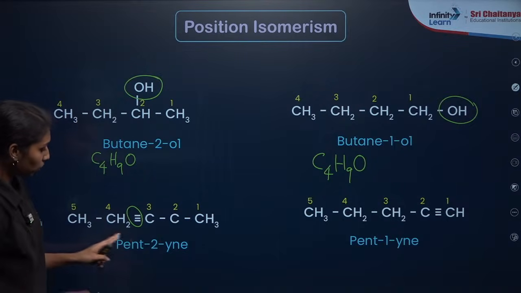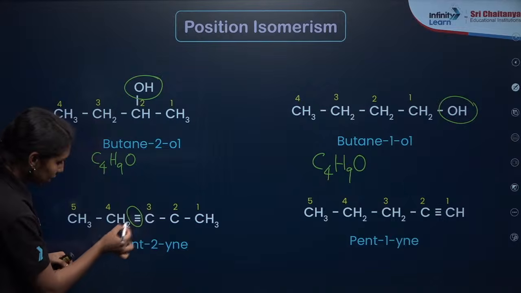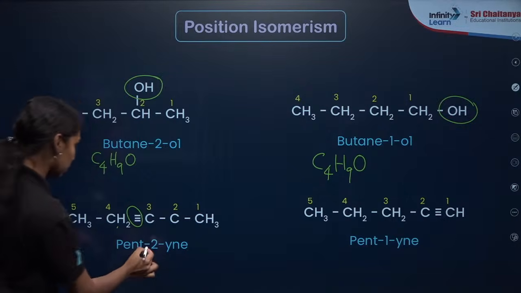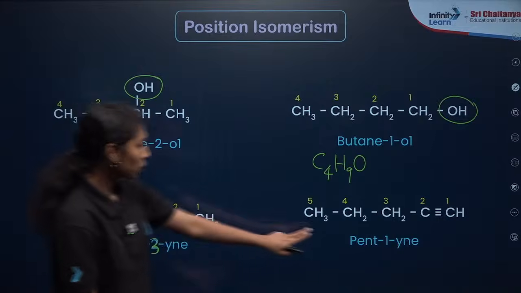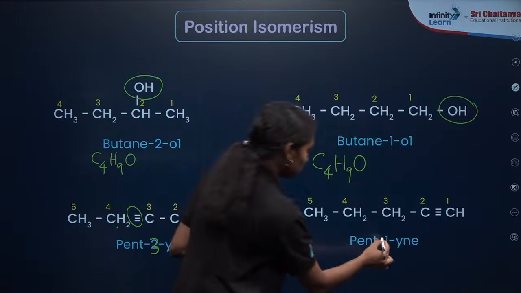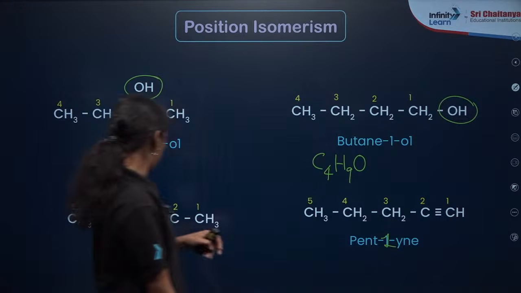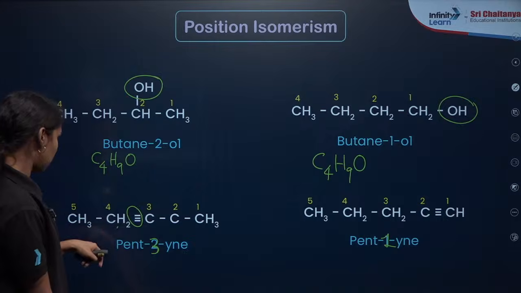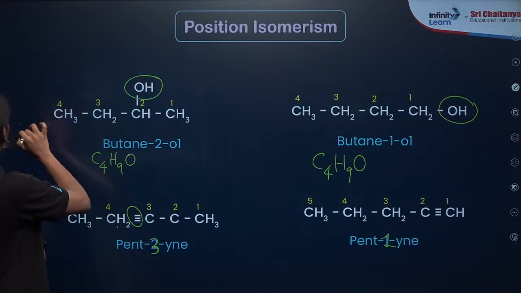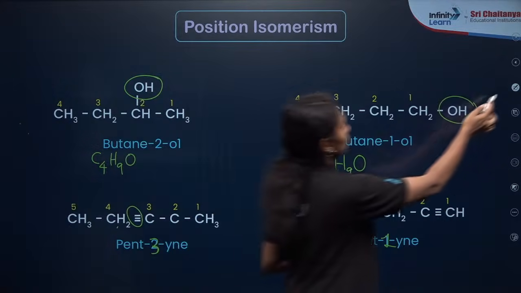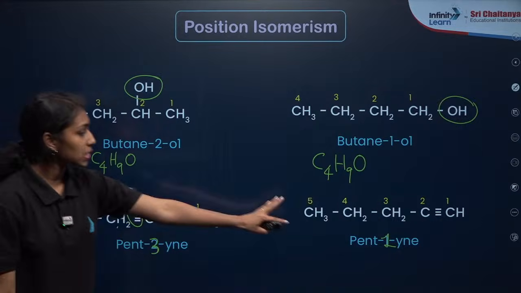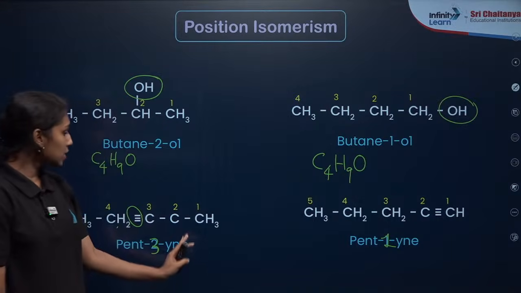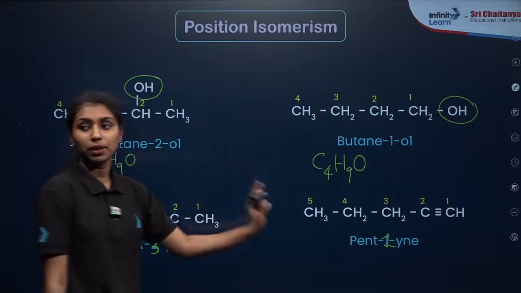What you are observing here is that this triple bond is present on the third carbon, and in the other case it is on the first carbon. So here also we can say that the position of the triple bond is different. So again it is position isomerism.